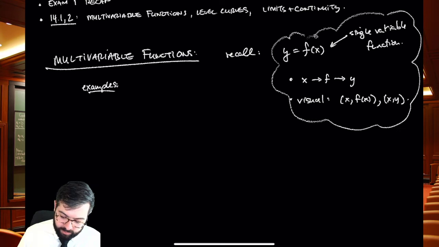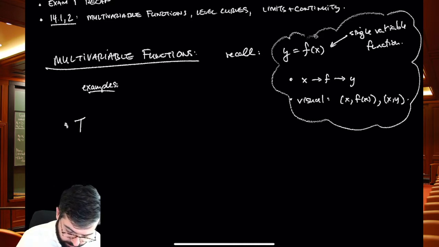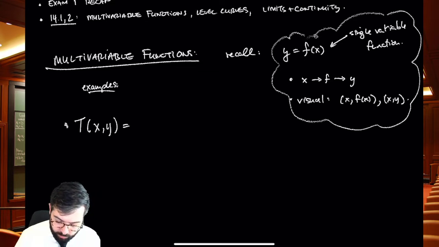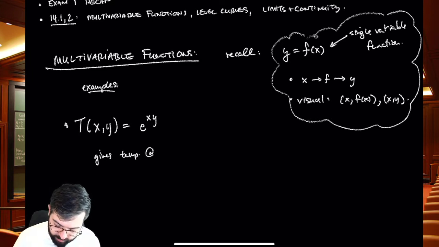Hopefully that's not coming as news to you at this point, but helpful to see a parallel. So some examples of multivariable functions. What you could think of is a temperature function, which maybe will give us something like this, e to the xy. And what this does is gives the temperature at coordinates x, y.